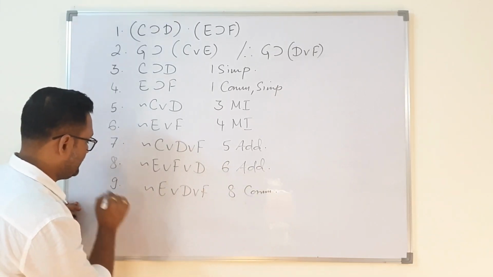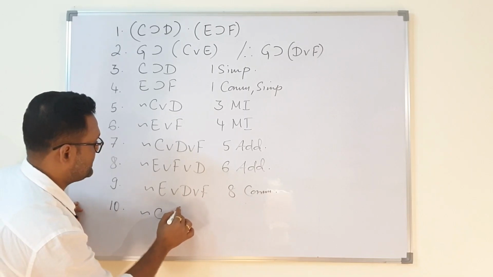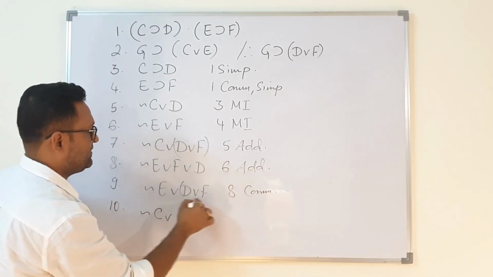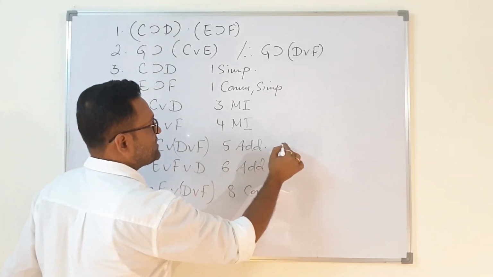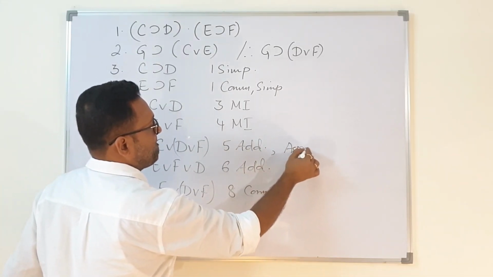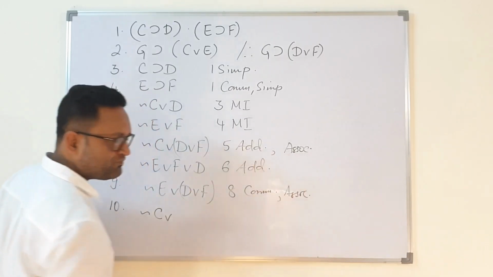So what I am doing, I am going to conjoin them. Negation of C wedge, say I put a bracket here, then also it's not a problem. There is absolutely no problem. You can write addition, association. You can also write association here. Fine.